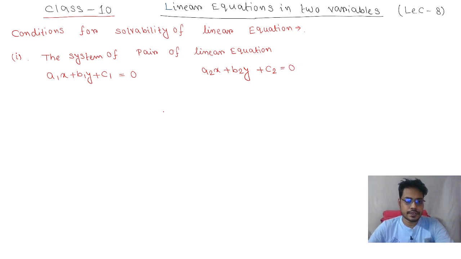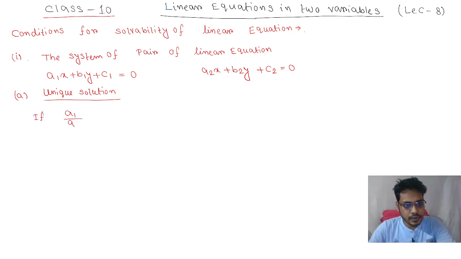Two equations are there. Now the first condition, if it has a unique solution, how can we check it? The condition is that a1 by a2 is not equal to b1 by b2.